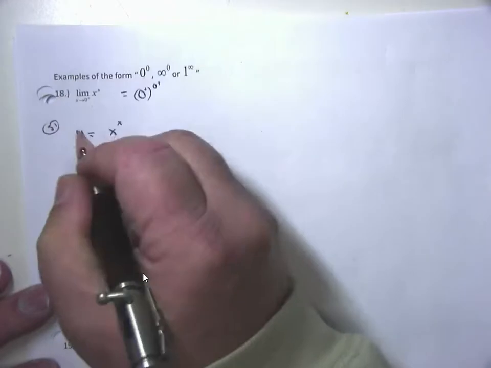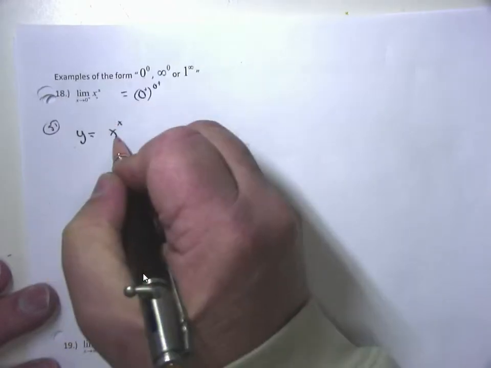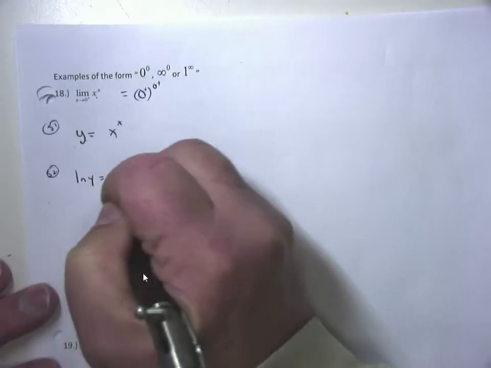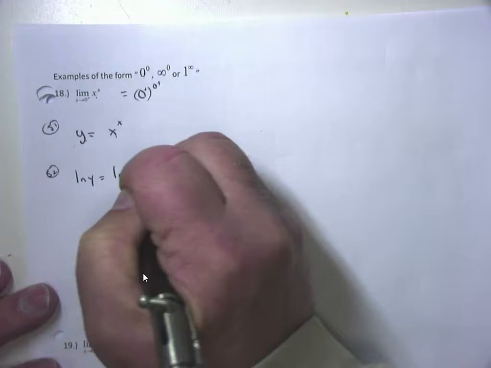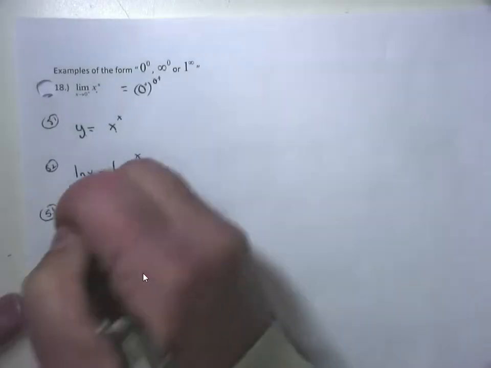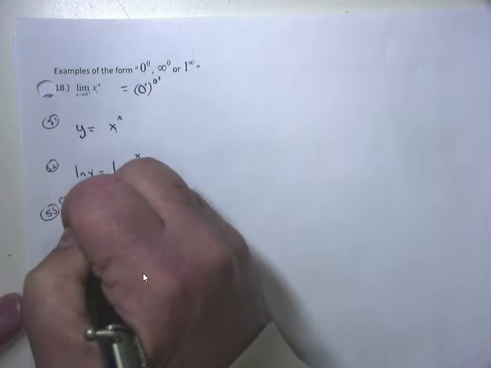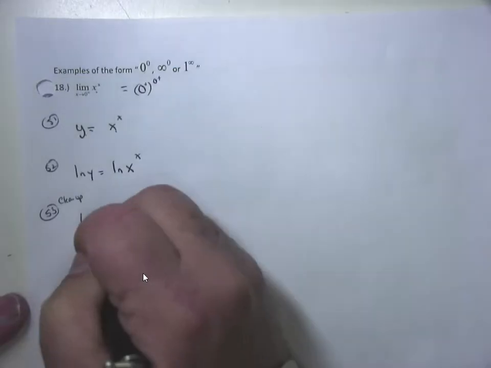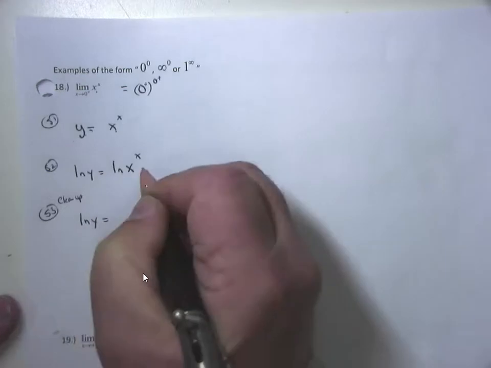So step 2, you want steps? I'll give you steps. Step 1, set the function equal to y. Makes it easier for you. Step 2, take the natural log of both sides. So the natural log of y equals the natural log of x to the x. Step 3, clean up using those wonderful log properties. So I get the natural log of y equals, what's the natural log of x raised to the x?